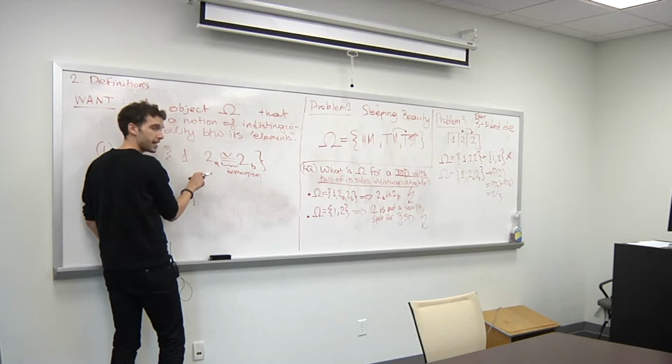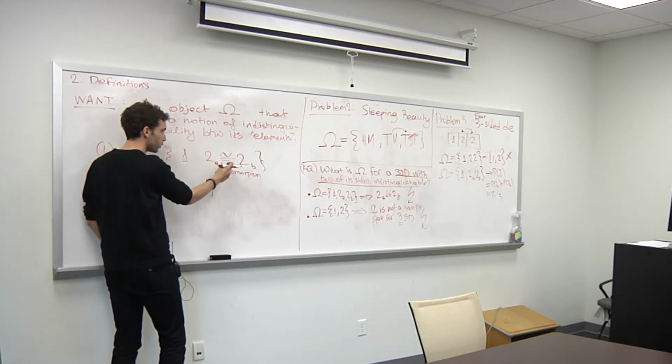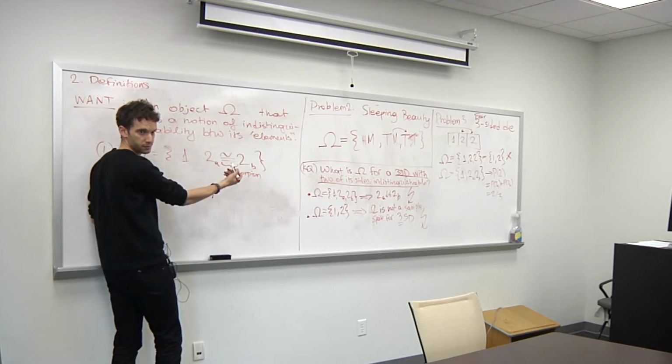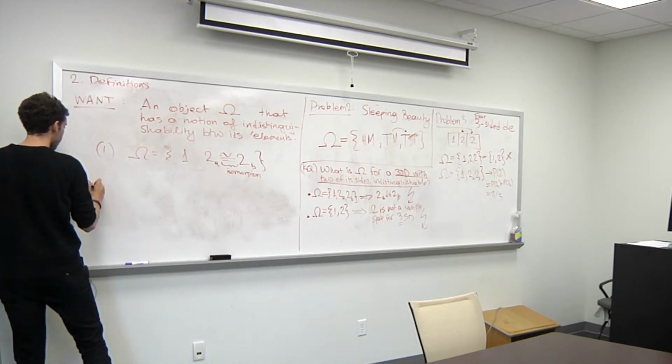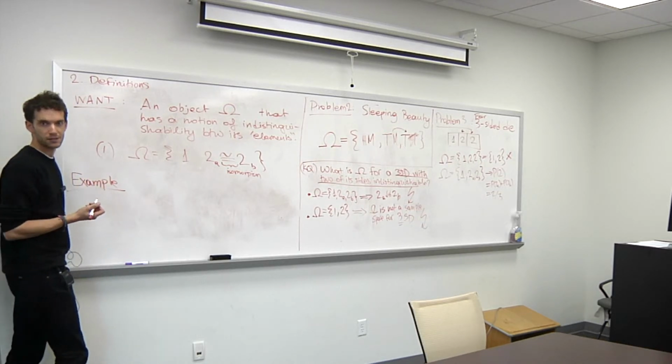But it's not like a set where two of these things are either equal or unequal. It will also include a notion of similarity or isomorphism or something like this. So the simplest example of this kind of thing is, as usual, a set with something.